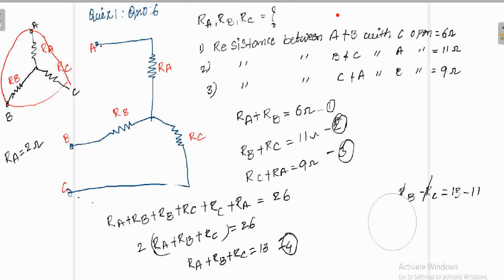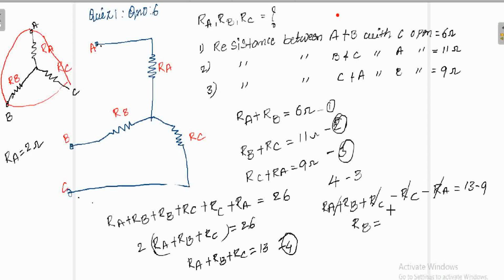Similarly, I want to find RB. For RB, just do 4 minus 3. RA plus RB plus RC minus RC minus RA is equal to 13 minus 9. RC and RA cancel, so RB is equal to 4 ohms.